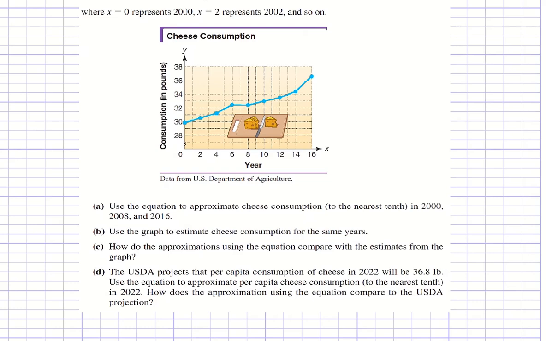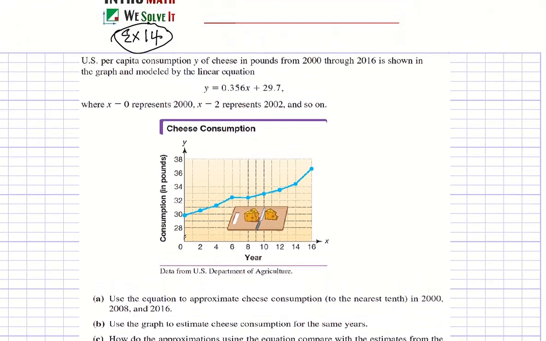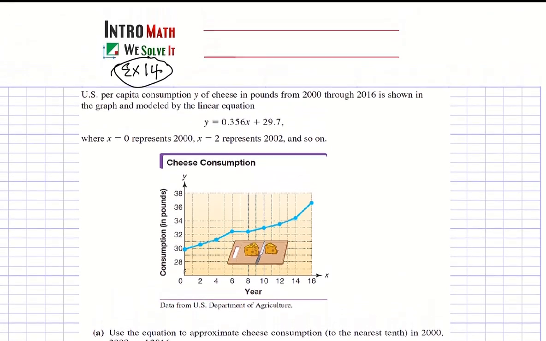The USDA projects that per capita consumption of cheese in 2022 will be 36.8 pounds. Use the equation to approximate per capita cheese consumption to the nearest tenth in 2022. How does the approximation using the equation compare to the USDA projection? Okay, so we know what they're saying.